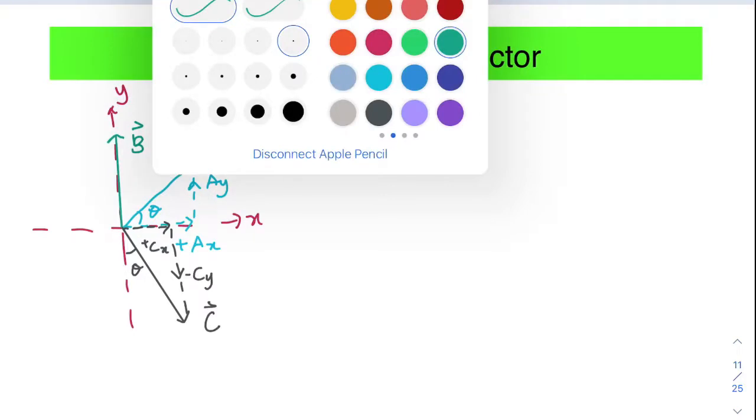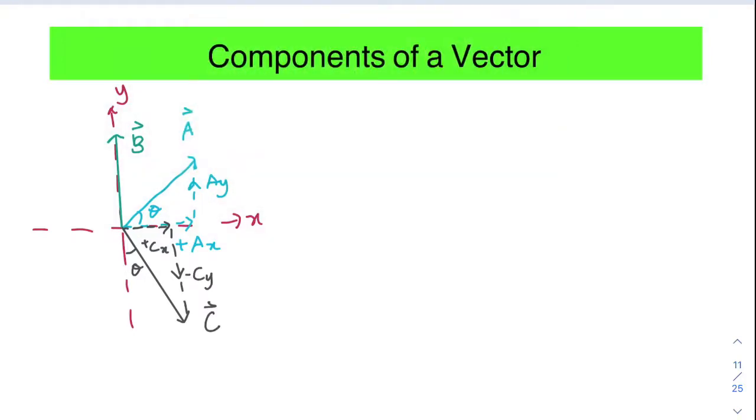Next one. Let's say I have another vector in this manner. This is the angle of the vector. This is vector D, let's say. What is the component of Dx? Dx is going to be here.